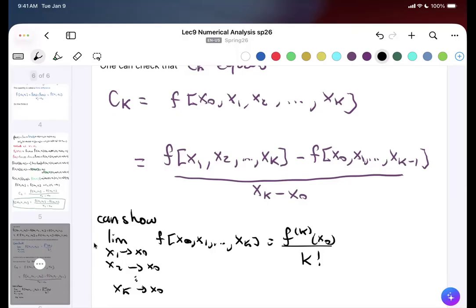Is that okay? Is that making sense? Okay, so the last thing that I'll do is give you an error formula, now that we have everything in place for that.